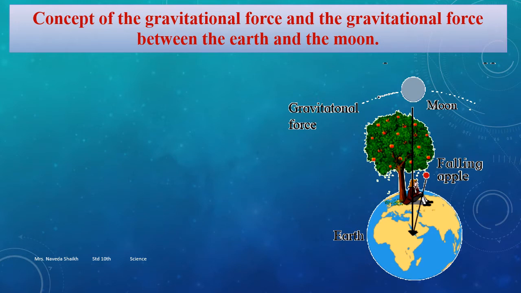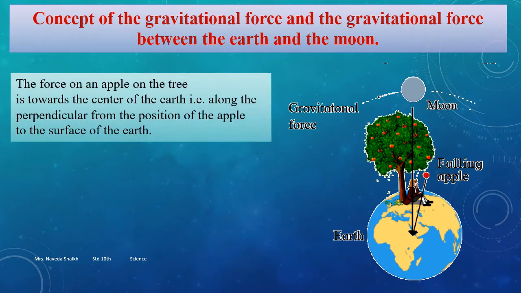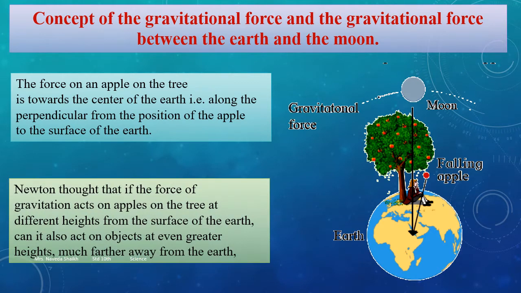Okay. So he thought that the force on an apple on the tree is towards the center of the earth, right? That is along the perpendicular from the position of the apple to the surface of the earth. Newton thought that if the force of gravitation acts on apples on the tree at different heights from the surface of the earth... Now see, apples are not only at one particular height, they are arranged in a very different manner on a tree.